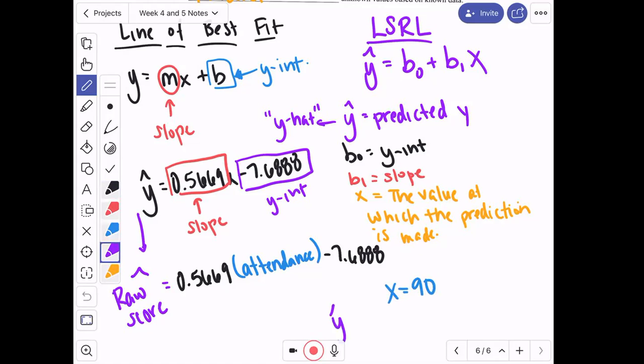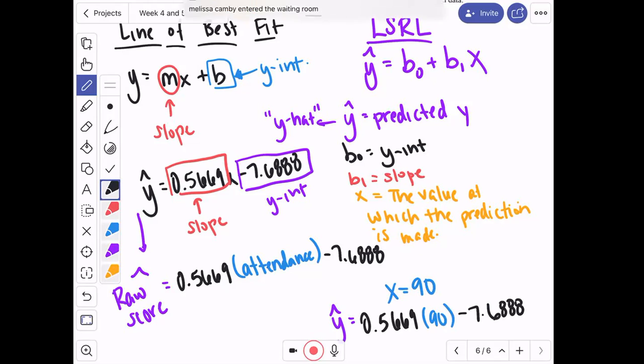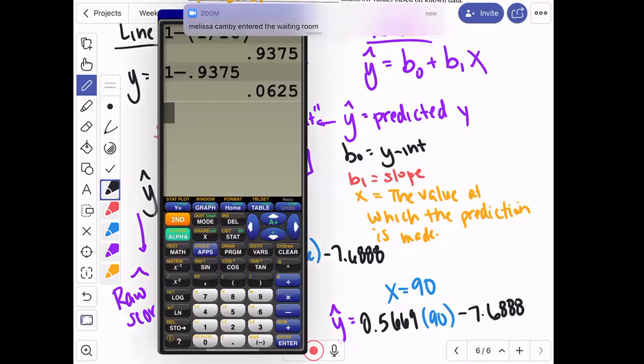So that's just Y hat is equal to 0.5669 times 90 minus 7.688. You can go to Excel, type that in there if you want to. I can use my calculator real quick.